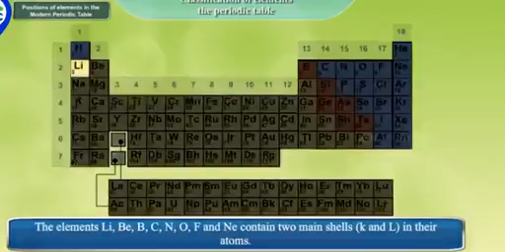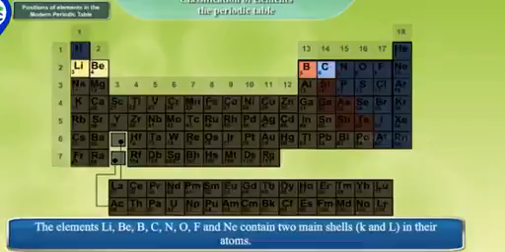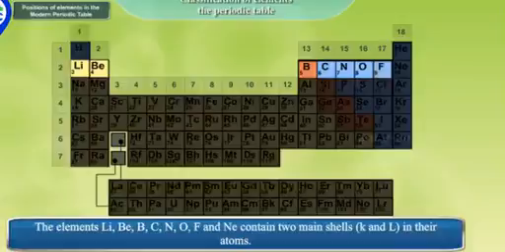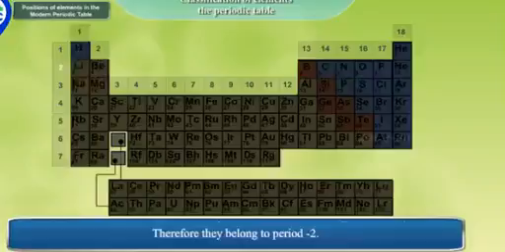The elements Li, Be, B, C, N, O, F and Ne contain two main shells, that is K and L, in their atoms. Therefore, they belong to period 2.